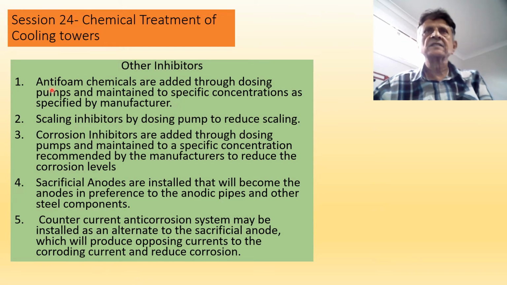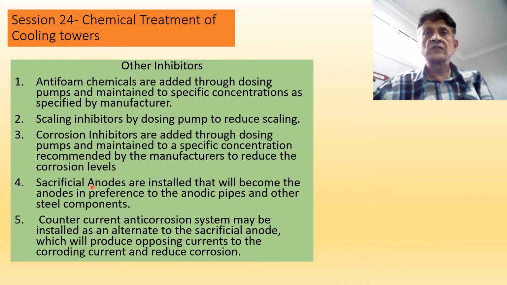The other inhibitors, such as antifoam chemicals, are added through the dosing pump and maintained at specific concentrations by the manufacturer; scaling inhibitors by dosing pump, corrosion inhibitors also by dosing pumps. With the corrosion inhibitors, most cooling tower systems will have sacrificial anodes installed, and these become the anodes in preference to the anodic pipes and other components, and therefore reduce the corrosion rates in the system.